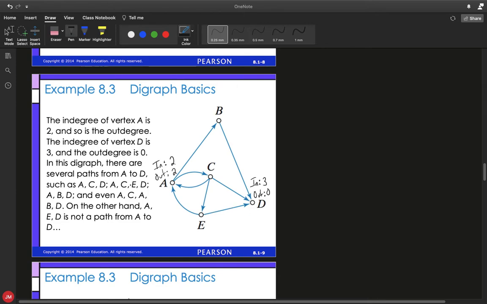Now, something to think about: there'd be a lot of different ways you could get from A to D. You could go from A to C, C to D. You could go A to B, B to D. Lots of different ways that you could potentially get there. However, there is no way for you to get from D to A. They are connected, but the arrows prevent us from going from D to anywhere else. In fact, there are no paths which start at D.